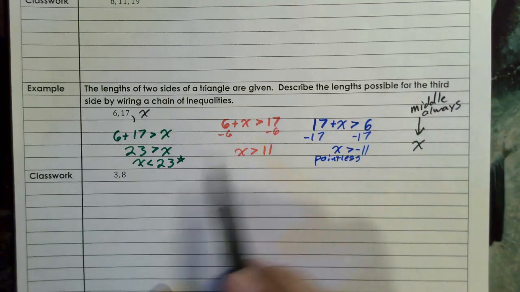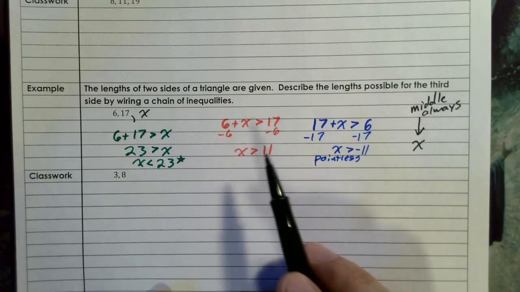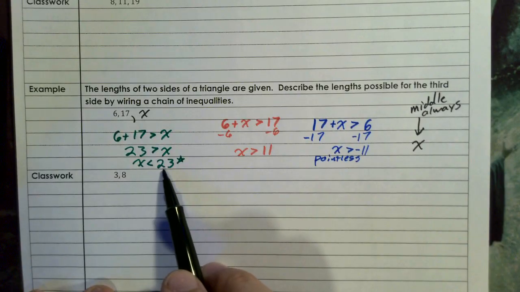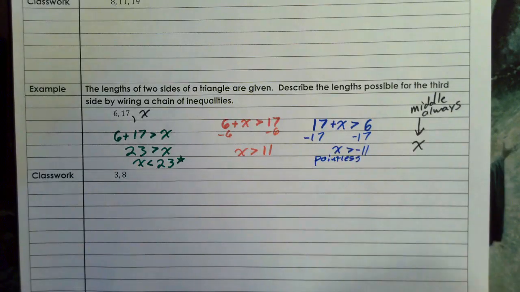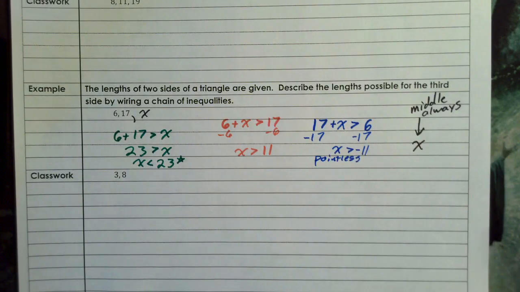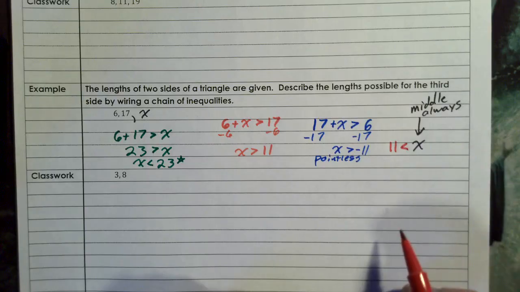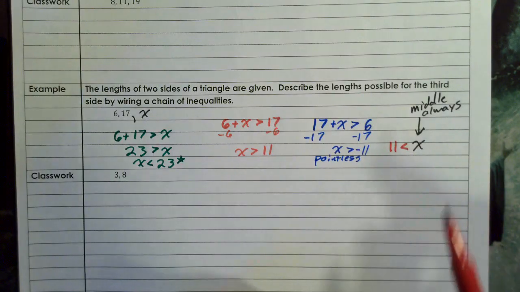And then I want to put these two inequalities next to it. So I want to do the smallest thing last. So X is less than 23, so that's bigger. X is bigger than 11, so 11 is my smallest thing. So I'm going to put 11 first. That's going to be less than X. So X is greater than 11, 11 is less than X.